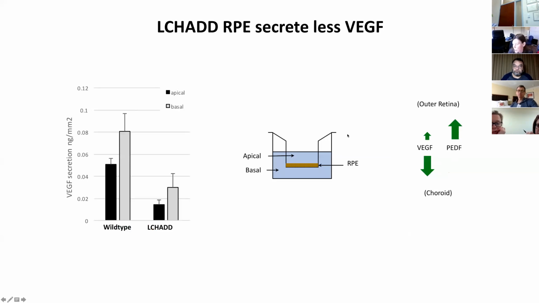Here we've done an ELISA to look at VEGF secretion, and this is a common assay that's done to test the functionality of RPE. What we found was that in general, LCHAD deficient cells seem to secrete less VEGF. They do secrete some basally, or some apically, I'm sorry, but most of it's basal. And it looks like in both cases, it's decreased in LCHAD deficient RPE.